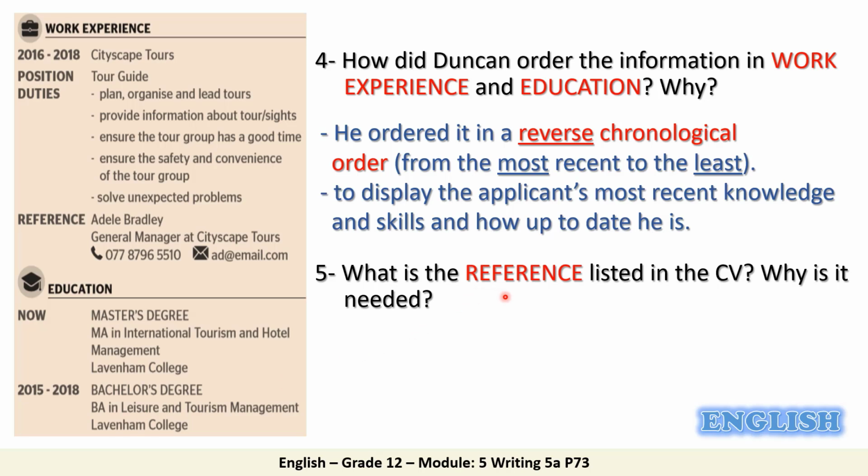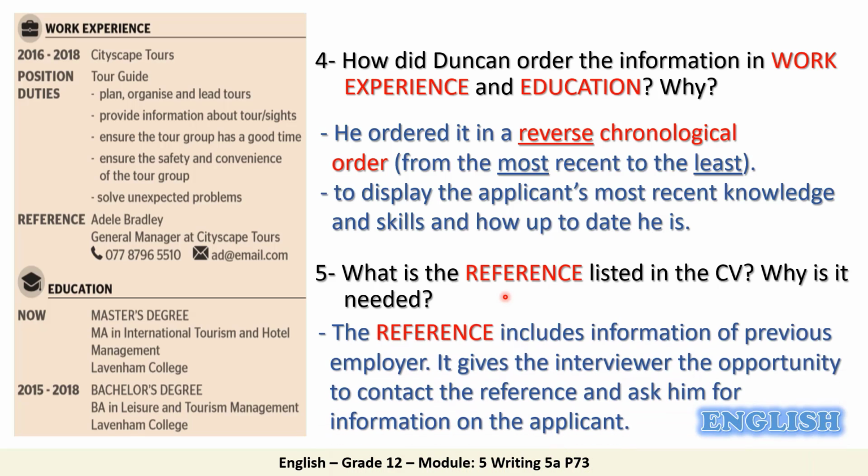And concerning the reference, it includes information of a previous employer. The employer is the company or the person who pays you to work for them. Also, this reference section gives the interviewer the opportunity to contact the reference and ask him for information on the applicant.